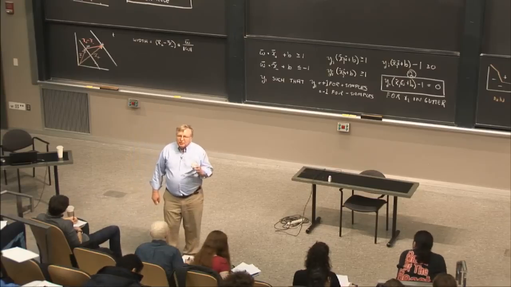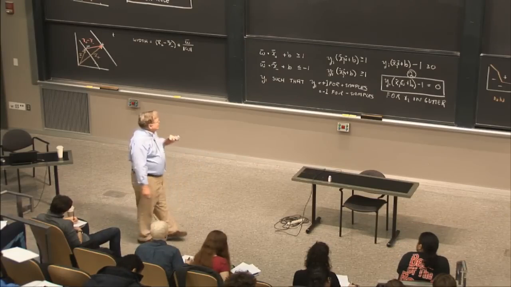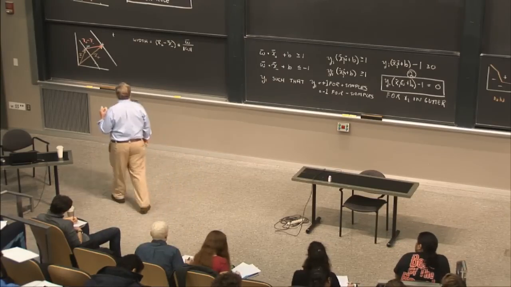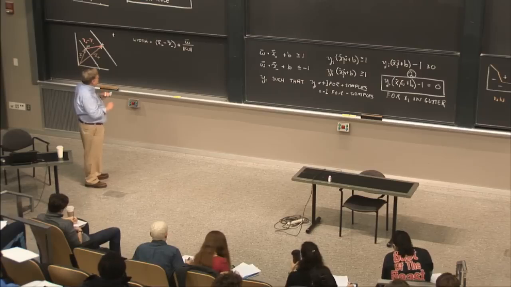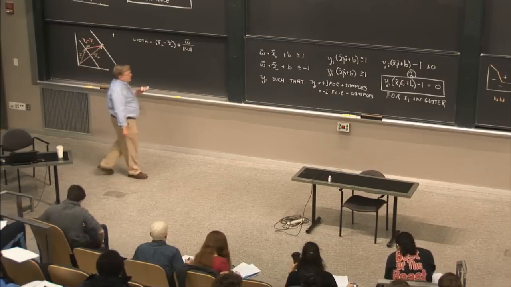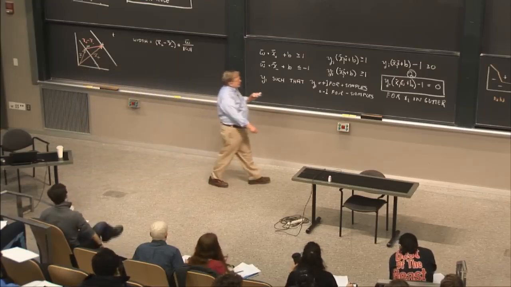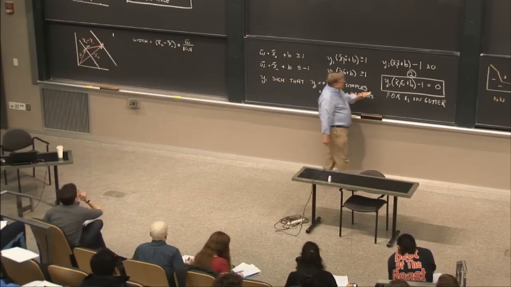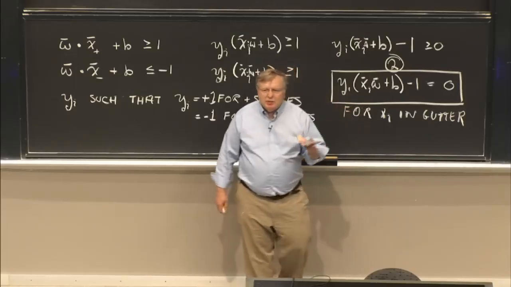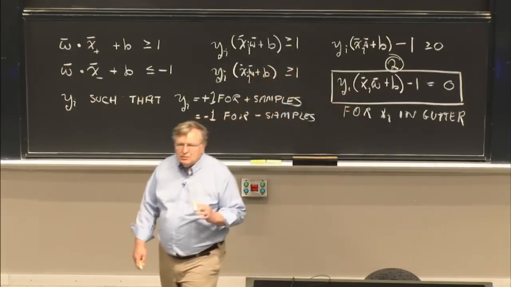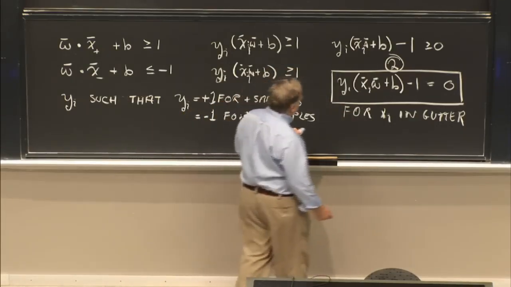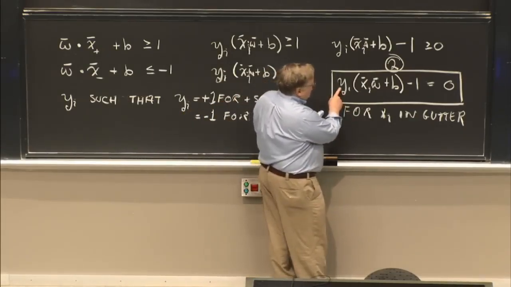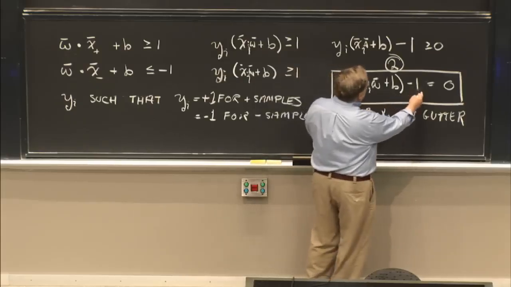It doesn't do us much good because it doesn't look like we can get much out of it. Oh, but I don't know. Let's see, what can we get out of it? Oh, gee, we've got this equation over here that constrains the samples that lie in the gutter. So if we have a positive sample, then this is plus 1, and we have this equation.